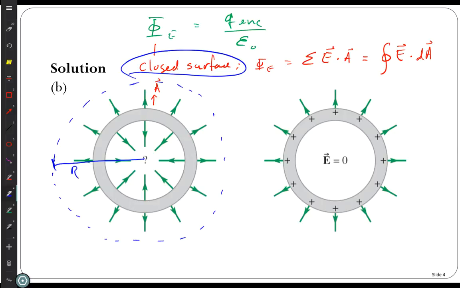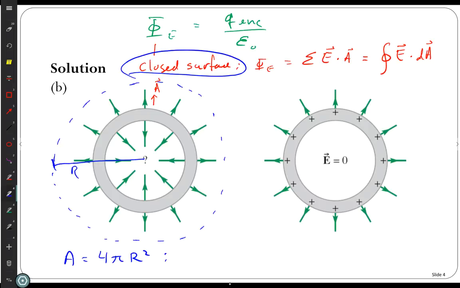Everybody with me? Okay? So if I have that, I don't know the strength of the electric field there, right? That's what I want to find. But I can calculate the area because the area for a sphere is 4 pi times the radius squared.